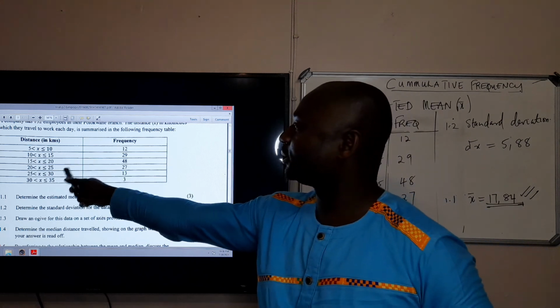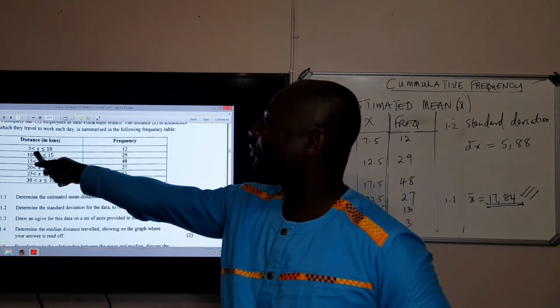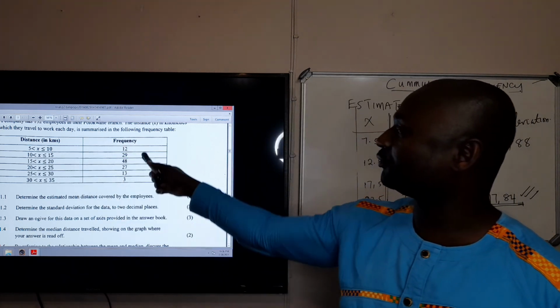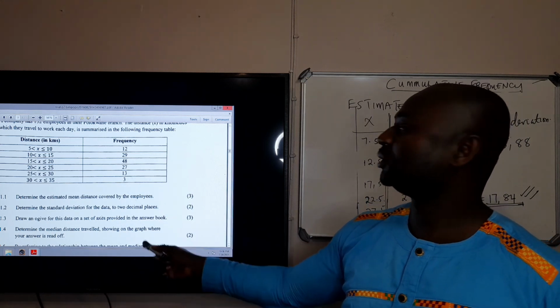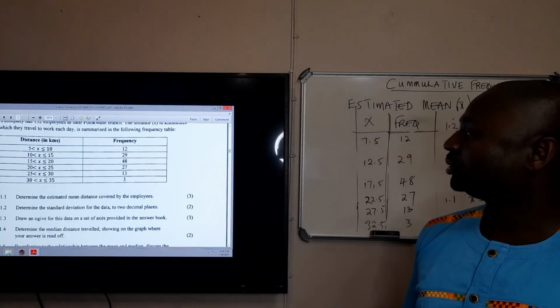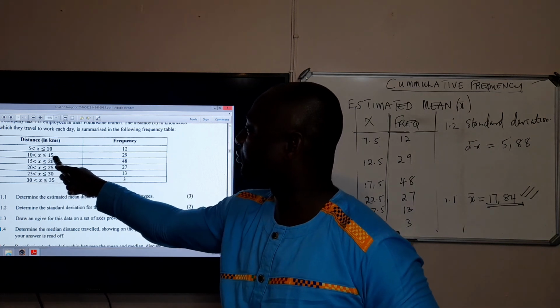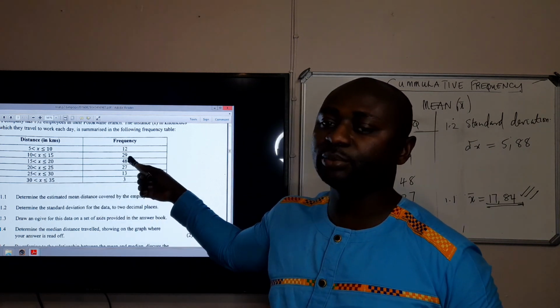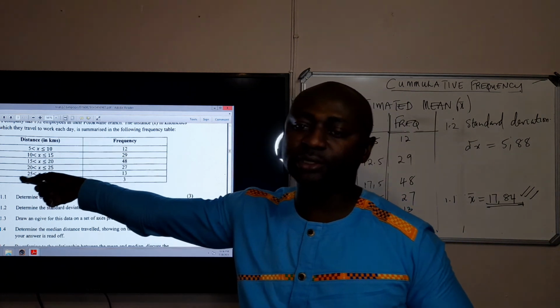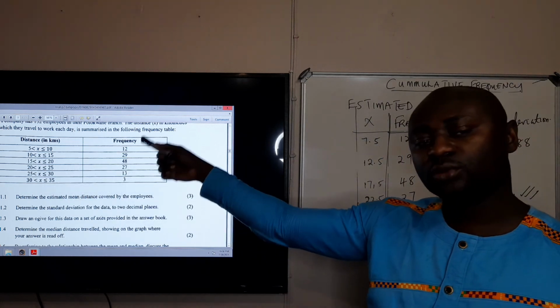Here they have grouped the data to tell you that between 5 and 10, there were 12 people who traveled that kilometers to school. Between 10 kilometers to 15 kilometers, there were 29 people who traveled that kilometers to school. So this is what we call grouped data.